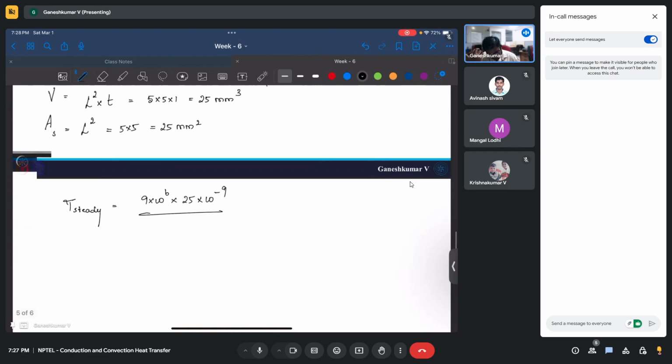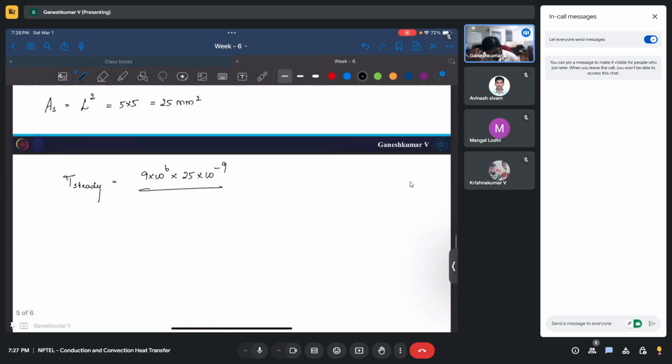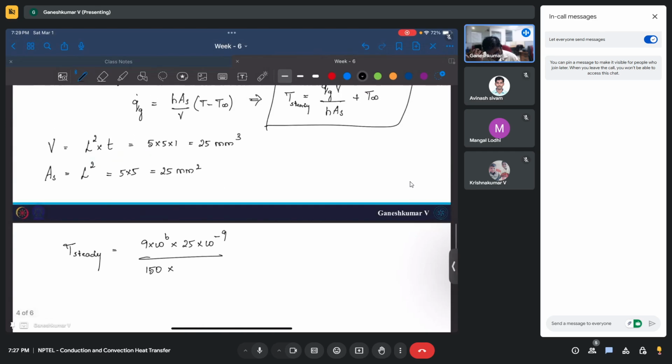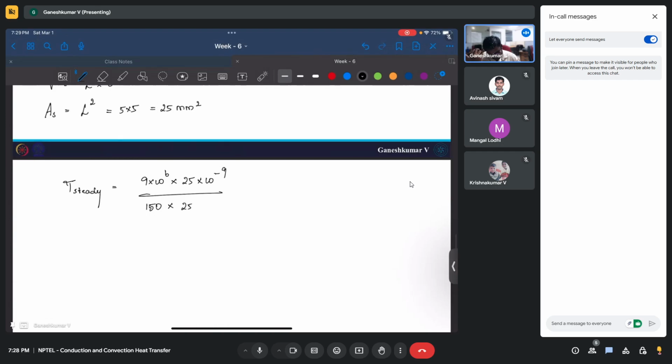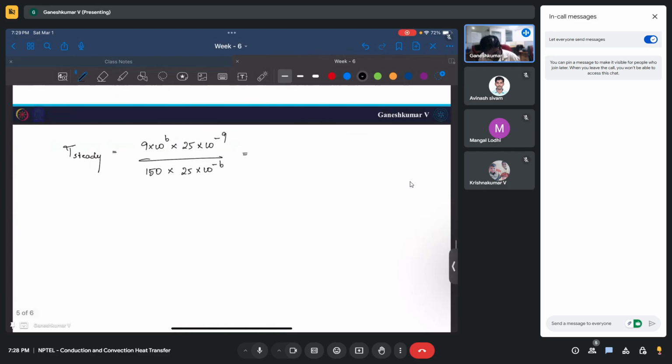Here it's meter cube, and h is 150 watt per meter square Kelvin, and area is 25 into 10 power minus 6. Okay, so now, one more thing, there is plus T infinity. You need to add this T infinity, which is 20 degrees Celsius. You can add it as Kelvin, you can add it as degree Celsius, doesn't matter.